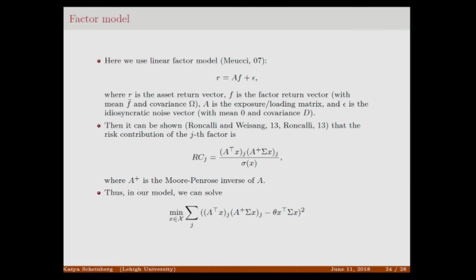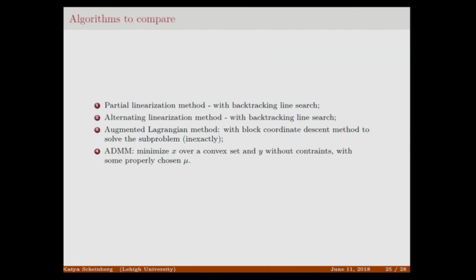You can do risk parity with respect to factor models, so instead of asset contributions, you look at factors. Again, it gives you a different formulation, but with the same form. So in all cases, you end up solving this sum of squares of quadratic functions, which perfectly fits our setting. That's how we started looking at this ADMM framework and alternating linearization.